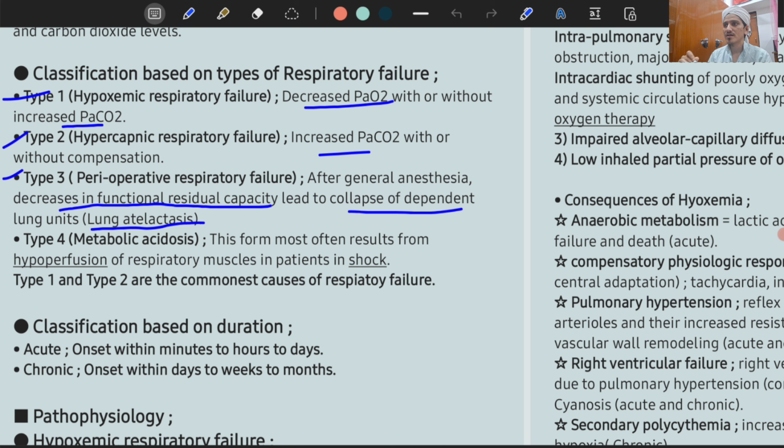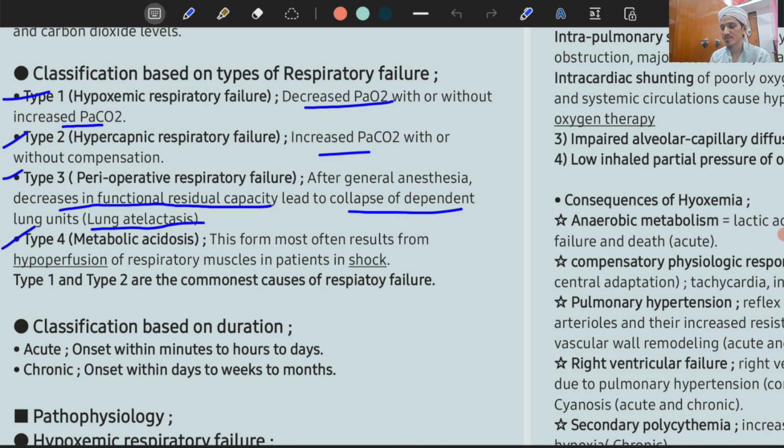So however much you expire, there will still be some volume of air remaining in the lungs. That is lost when the patient undergoes general anesthesia, so the alveoli will collapse. That is known as perioperative respiratory failure.